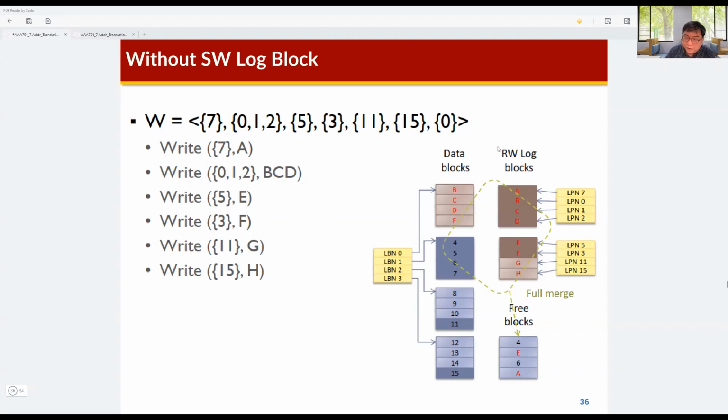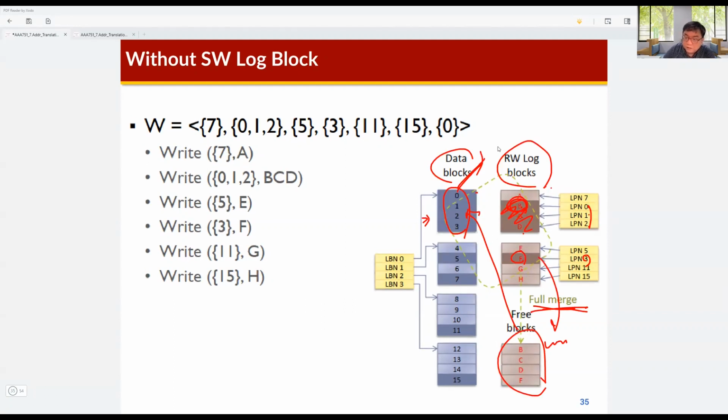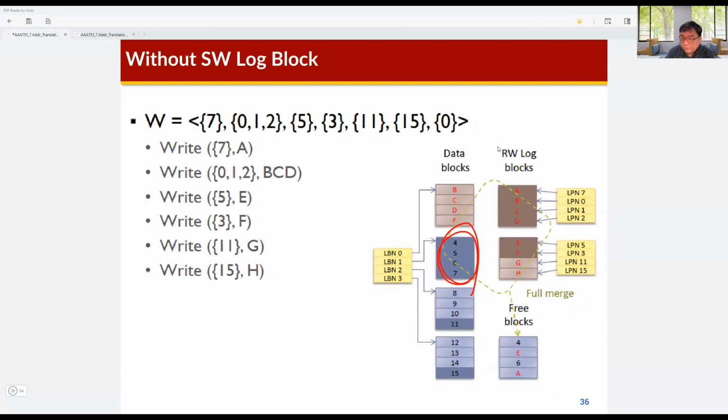And then how about this 4, 5, 6, 7? In this example, we can find the logical page number 5 and logical page number 7 in the log blocks, but we cannot find the other pages inside our log block.